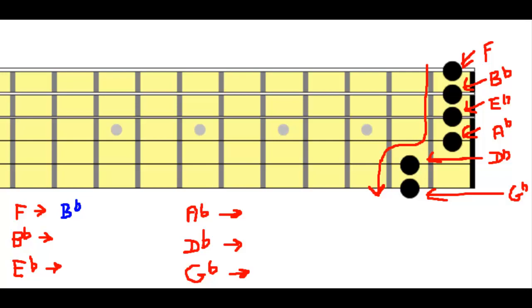Let's move on to the next key. The key of B flat has two flats, and that will be the note B flat, which of course is the name of the key, and the note underneath, which will be E flat. So the key of B flat has two notes that are flattened, and they are B flat and E flat.